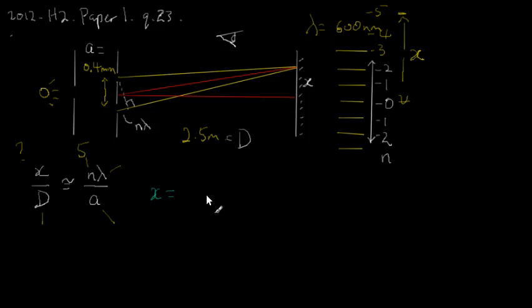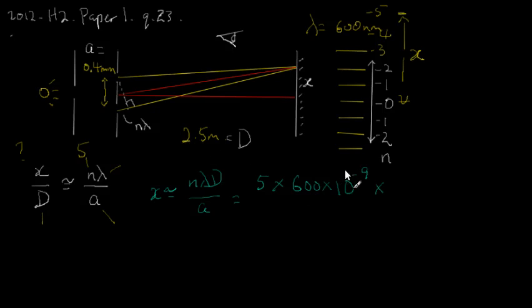So X is approximately equal to n lambda D over A. And n, we have agreed that we'll take it as 5. Lambda is 600 nanometers, so that's 600 times 10 to the power of minus 9 meters.